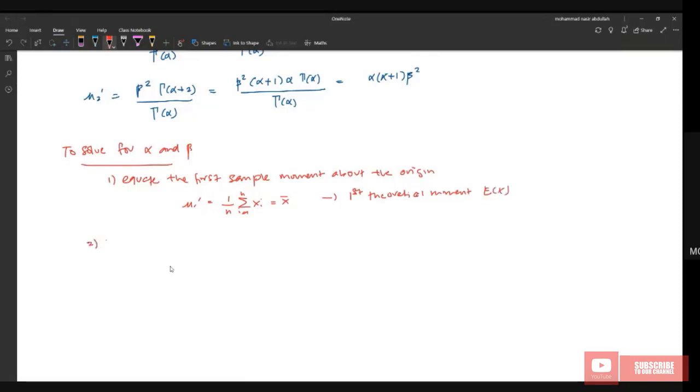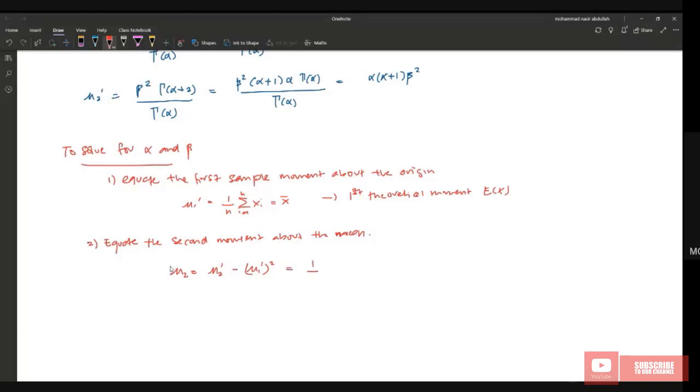Second step is we're going to equate the second moment about the mean. Remember in example number 2, we have two parameters, so we're going to apply the second moment about the mean. The second moment about the mean is equal to mu 2 prime minus mu 1 prime squared, which is equal to the variance.